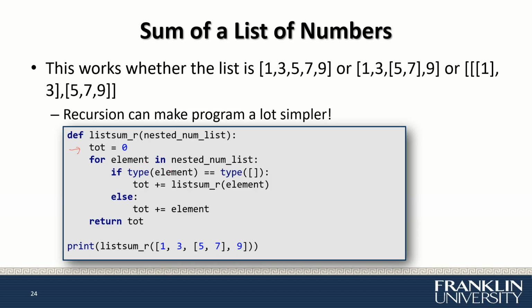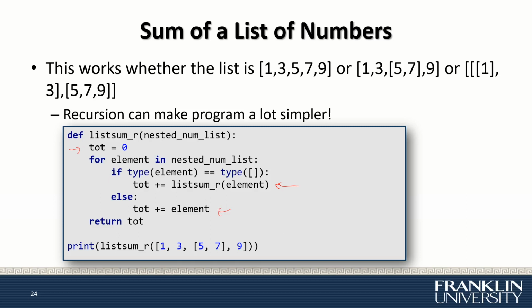So if the type of the element is the same as the type of the empty list, which is a list, then I call myself again: total plus equal list sum R. I call myself to find the sum of the sublist. Otherwise, I just add the element to the total and return total.